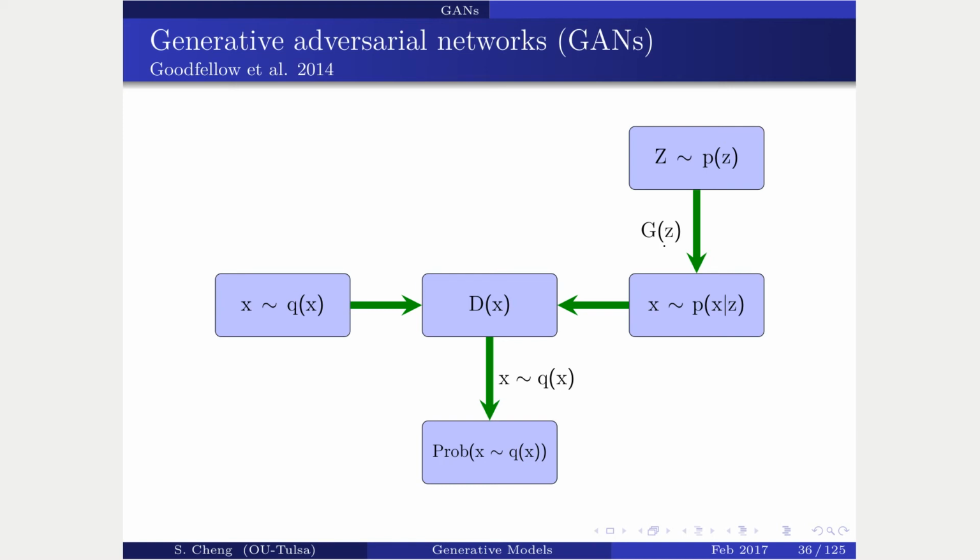Because of that, the discriminator essentially will just output 50-50, with 0.5 probability saying this is true or this is fake, so it cannot give anything meaningful. And of course, this is most interesting to us because we are interested in creating a perfect generator.